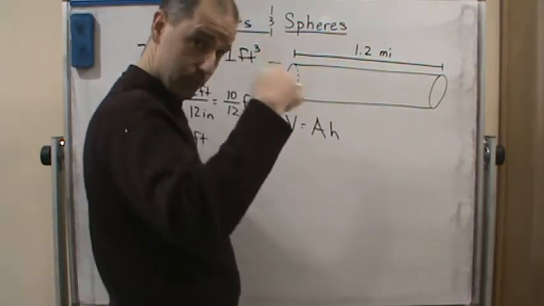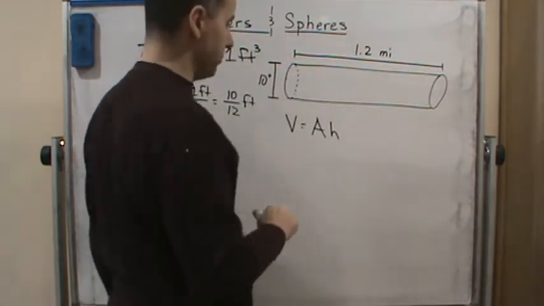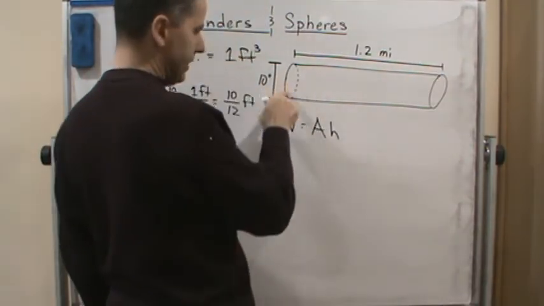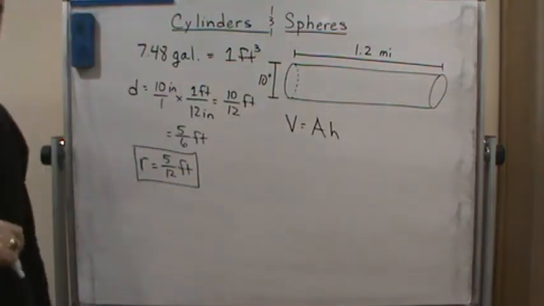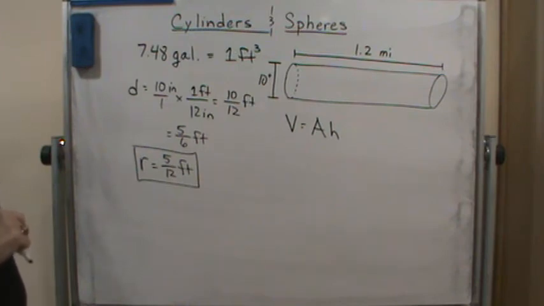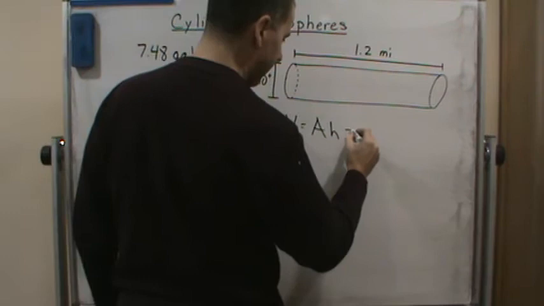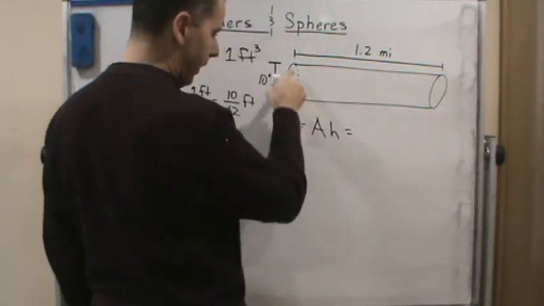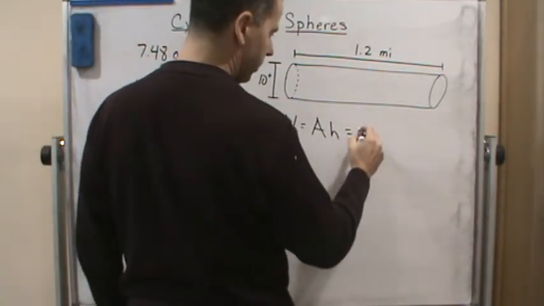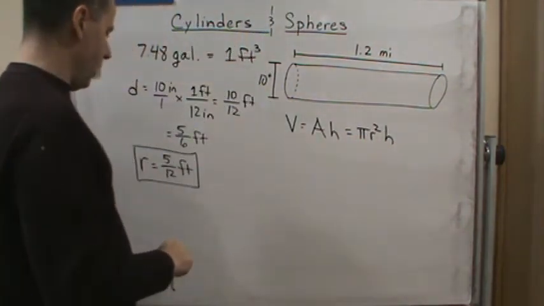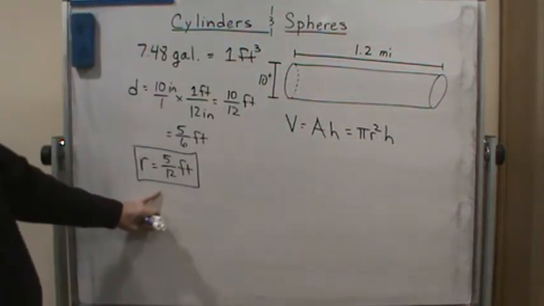Visualize this: the height is the length of the pipe, and the area is the area of one of the ends of the pipe. Now, the area of a circle is pi r squared, and then times h. So we got the radius.